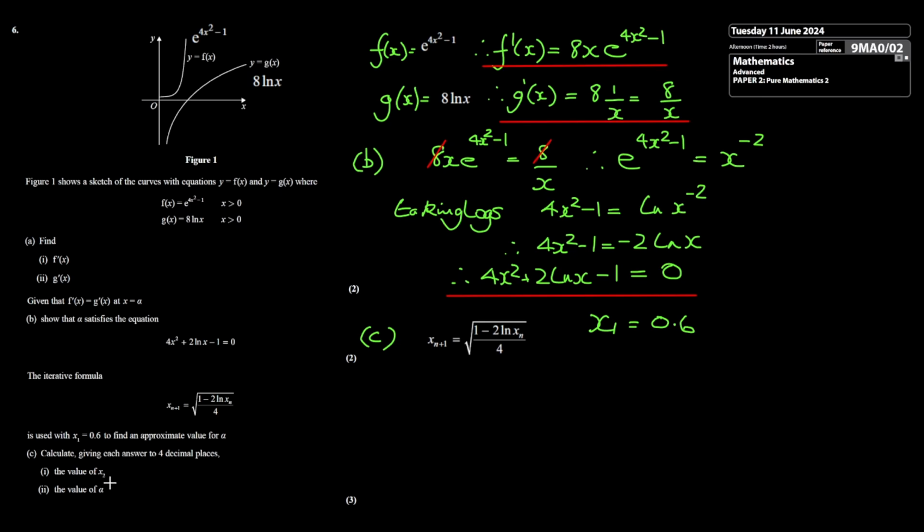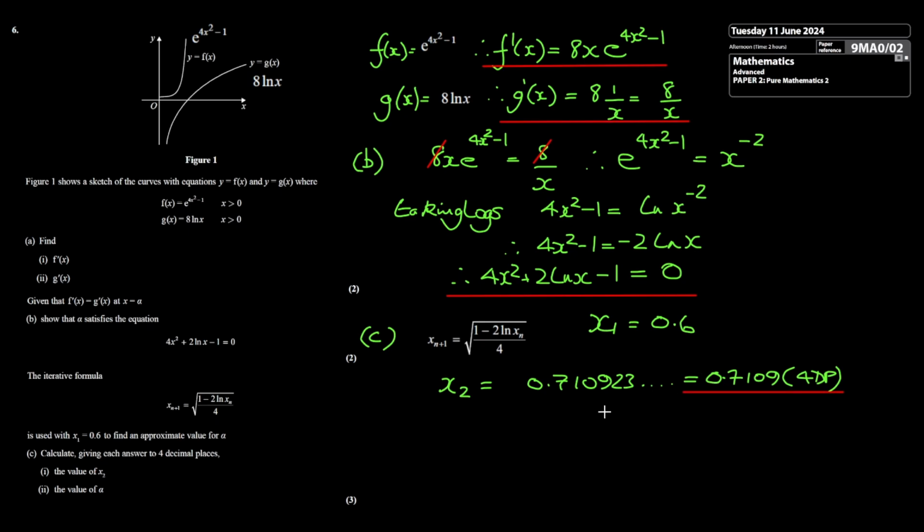They first of all want us to find the value of x2. If you substitute 0.6 for xn and set that up in the calculator, you will get a value of x2 equal to 0.710923, which to 4 decimal places is 0.7109.